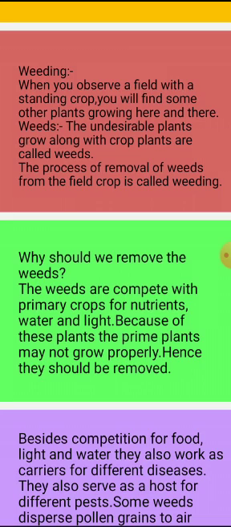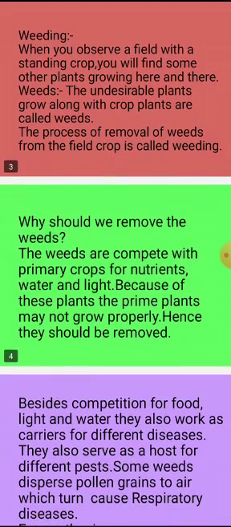For example, in a crop like tomato, chili, beans, whatever it may be, some other plants grow in between these crop plants. What about these other plants? The undesirable plants that grow along with the crop plants are called weeds.